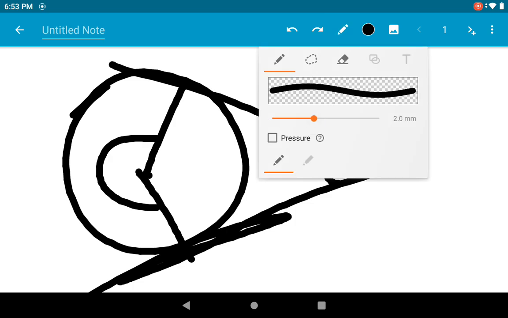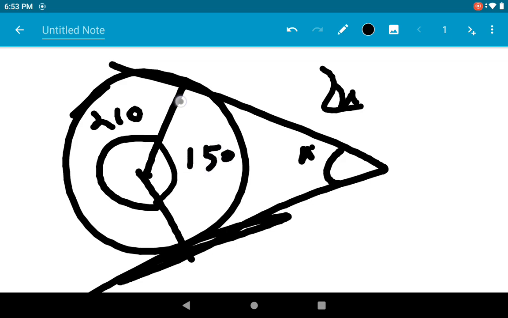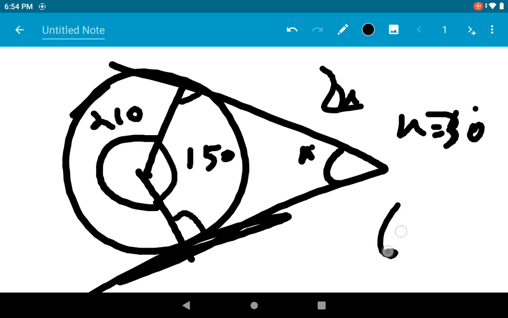We want to figure out the value of 2x. So this is going to be 360 minus 210, which is 150. And this is 90, this is 90. So 180 plus 150 is going to be 330. So x is going to be 30 degrees. So 2x is going to be 60 degrees. That's going to be option B.